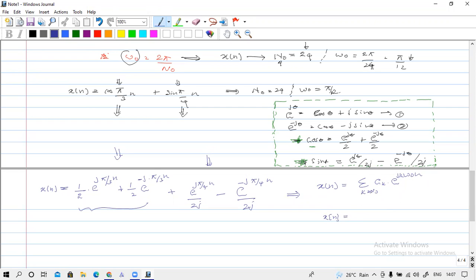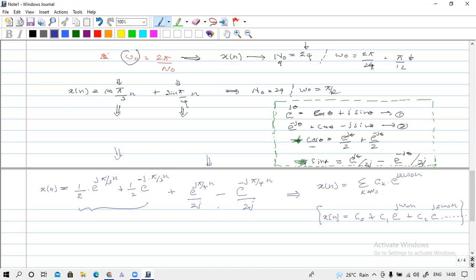Let's say k is equal to 0, that means c_0, and e to the power 0 gives 1, so only the c_0 value is there. For c_1 it is e^{jω₀n}, where k is 1, and for c_2, e^{j2ω₀n}, and so on. You will have this kind of terms if you represent any signal in a Fourier series representation.